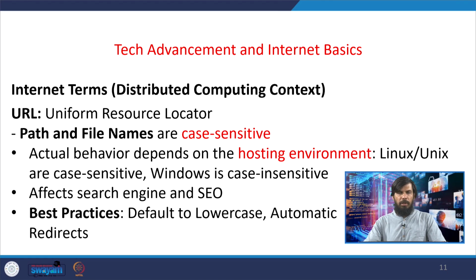These operating systems themselves have slightly different behavior in terms of folder and file naming, and therefore the actual behavior when we are trying to locate the same file residing on a Linux, Unix or Windows machine, when we specify a URL, how it will get mapped to the actual folder names and file names on the machine, depends on the hosting environment.